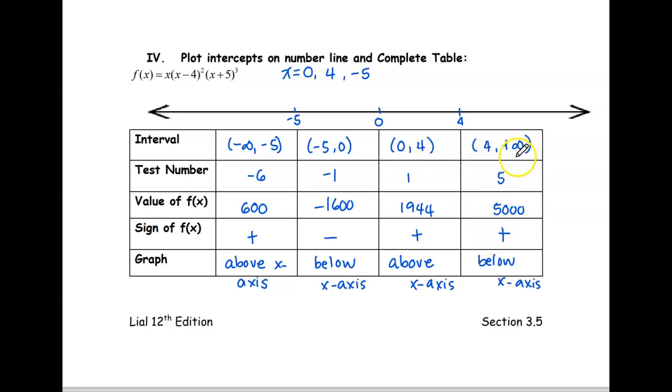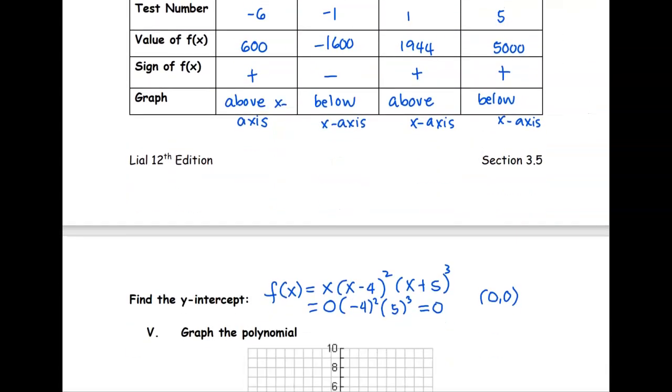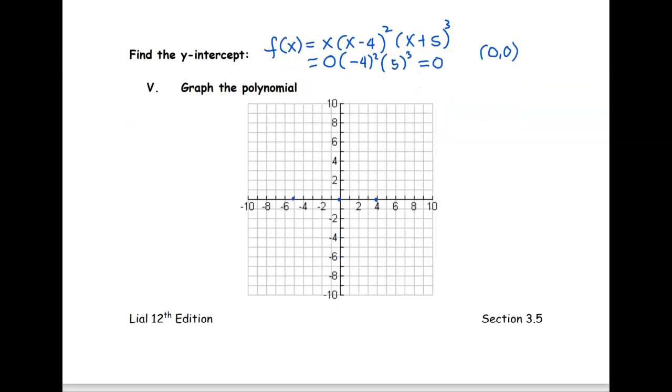And for the interval 4 to positive infinity, it's below the x-axis. So this part of the graph is above the x-axis. For the part between negative 5 and 0, it's below the x-axis.